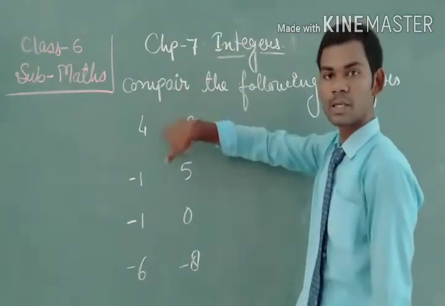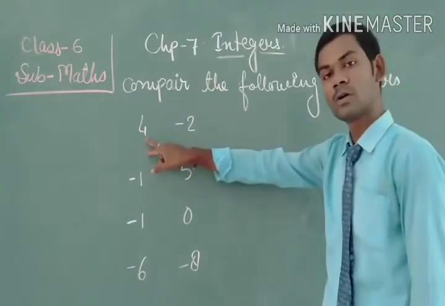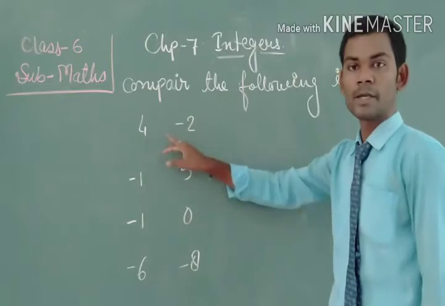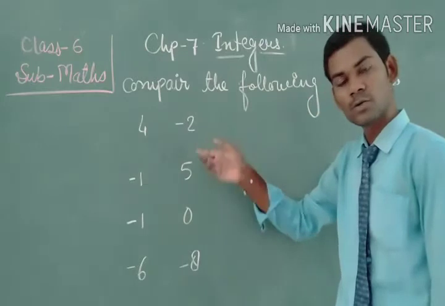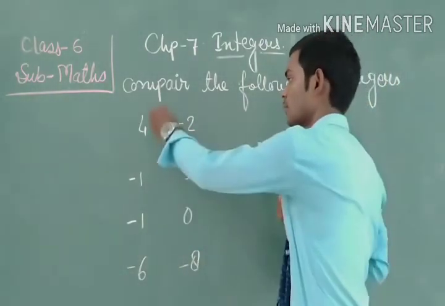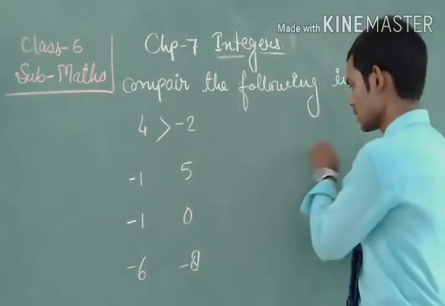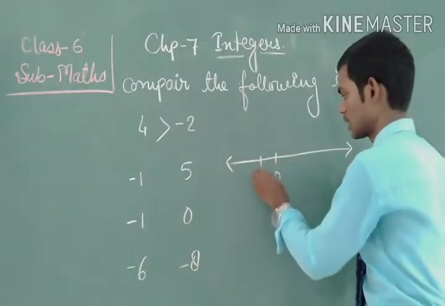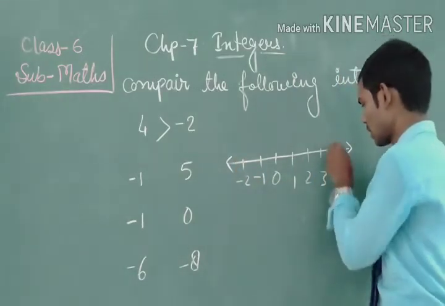If we see the first pair, we find that the number 4 lies on the number line on the right hand side of -2. 4 always lies on the right hand side of -2. Therefore 4 will be greater than -2, and we put the symbol accordingly. As we see on the number line, this is 0, this is -1, this is -2, and 1, 2, 3 and 4.